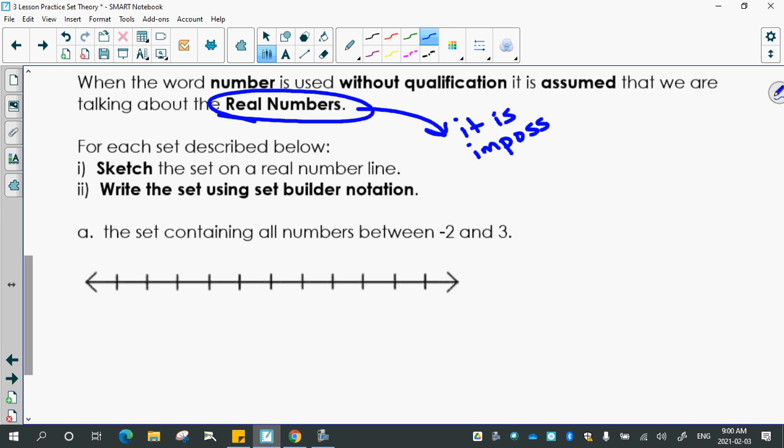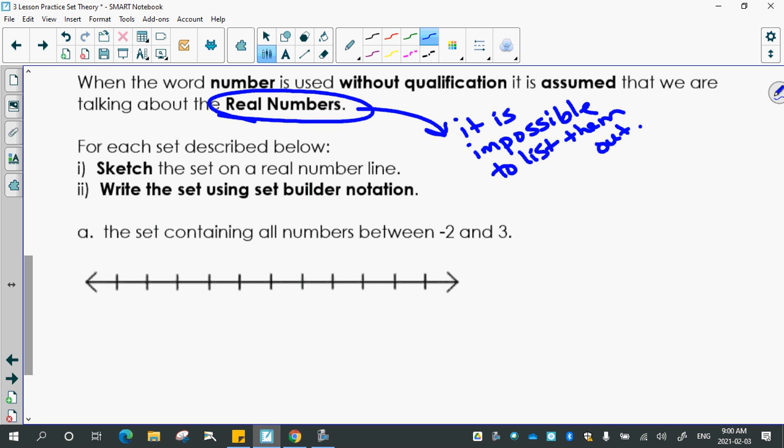Because there's an infinite number just between 0 and 1. So between 0 and any number, there's an infinite number. Okay, so it's impossible to list them out one by one. So you have to use set builder notation. It's your only way to describe it.